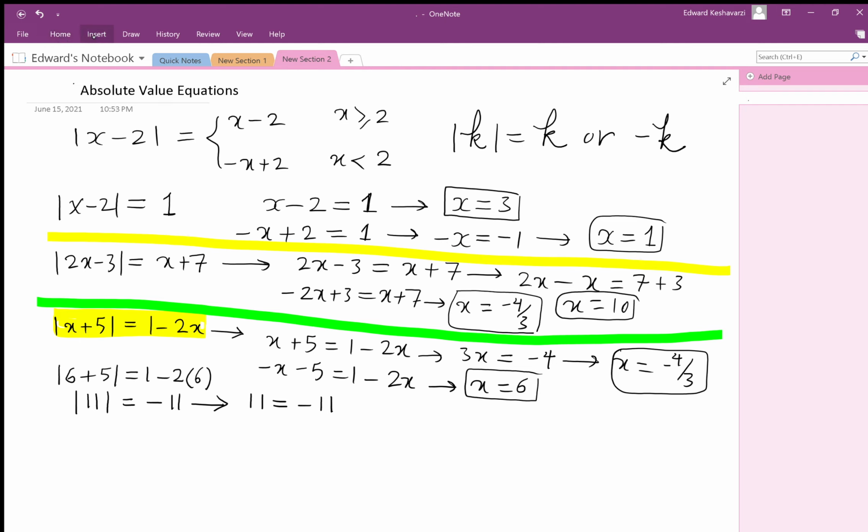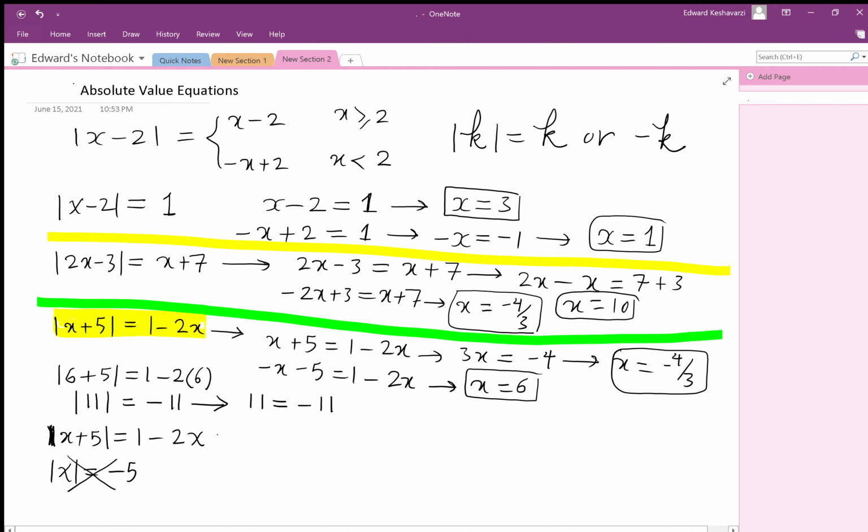Therefore, if you look at this equation, the absolute value of x plus 5 equals 1 minus 2x, 1 minus 2x cannot be a negative number. If, for example, you see an equation like the absolute value of x equals -5, it doesn't work because the answer to an absolute value can't be negative.